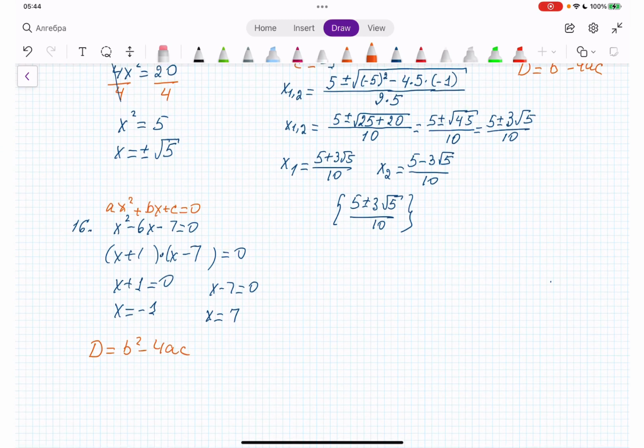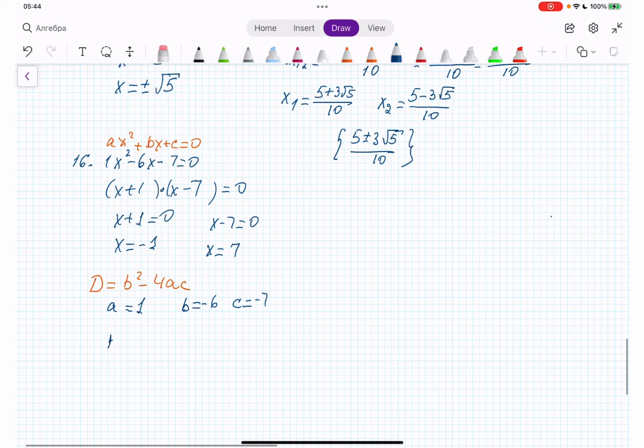So how much is my a, b, and c? My a in this case is going to be 1, right? B is going to be negative 6, and C is going to be negative 7. So from here, discriminant is equal b squared, which is going to be negative 6 squared, minus 4 times a, which is 1, and c, which is negative 7.